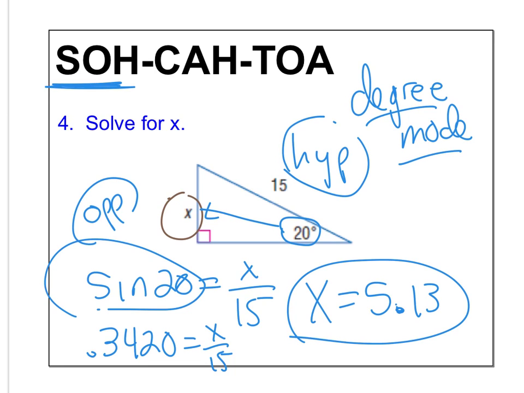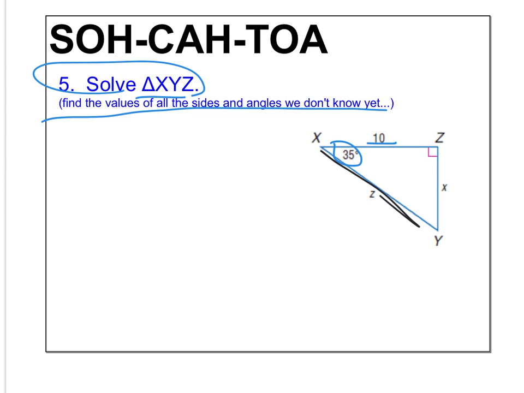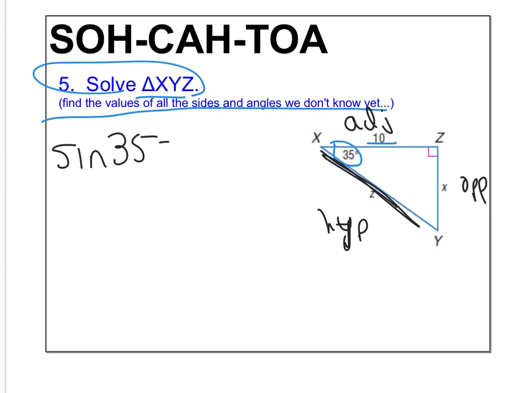So figure out x, y, z. Find all the sides and angles we don't know yet. So I know this angle and I know this side. I'm going to figure out what z is first. So this would be the adjacent side, opposite side, hypotenuse. Okay, so I want to take the sine of 35, because the sine of 35 is going to be 10 over z.